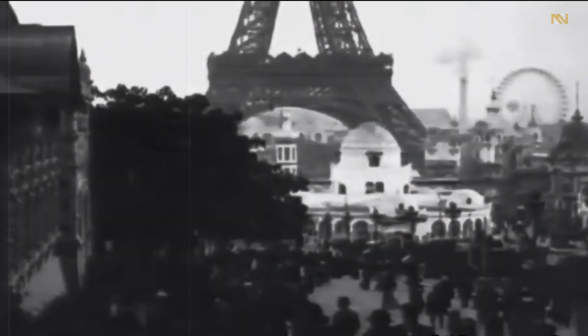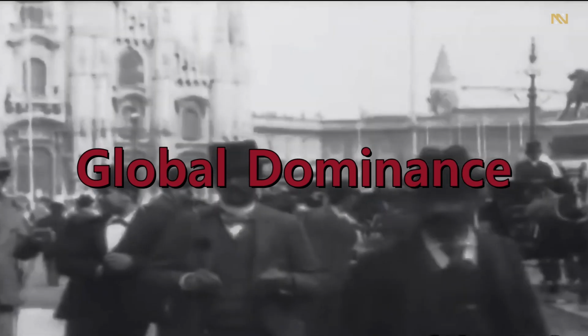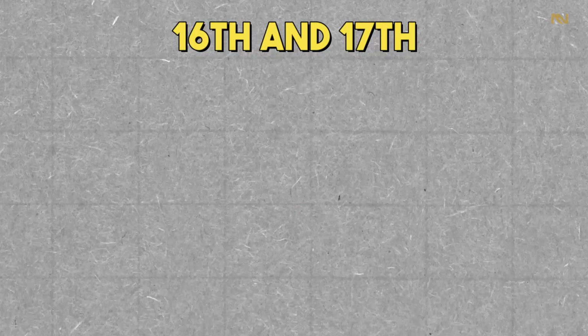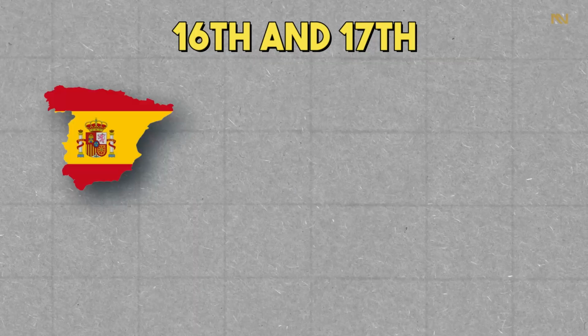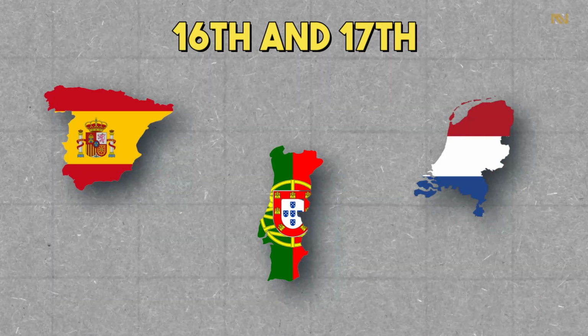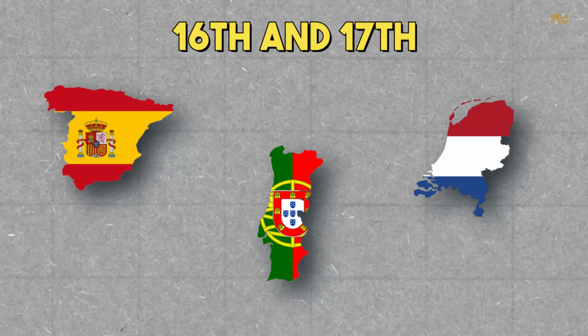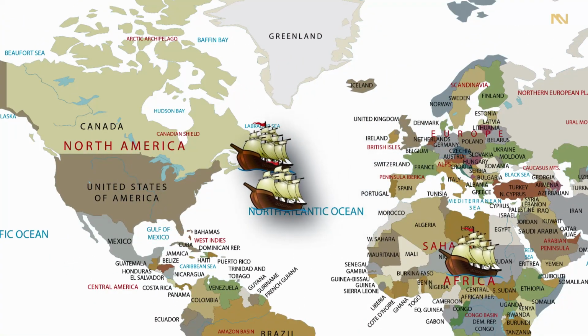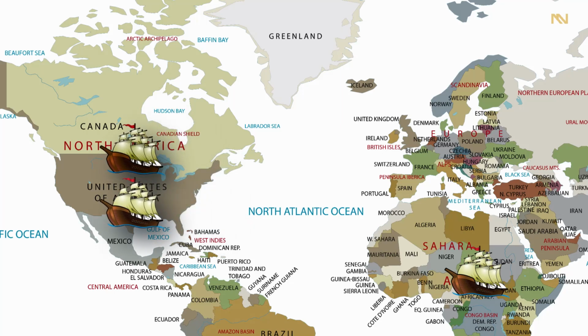The roots of the US dollar's global dominance can be traced back to the early days of European colonialism. In the 16th and 17th centuries, European powers such as Spain, Portugal, and the Netherlands were actively exploring and colonizing new territories in search of wealth and resources. These expeditions were costly affairs, requiring large amounts of capital to finance.